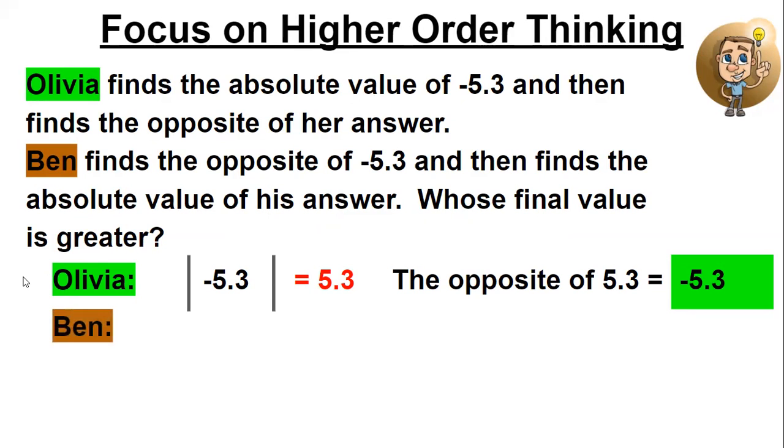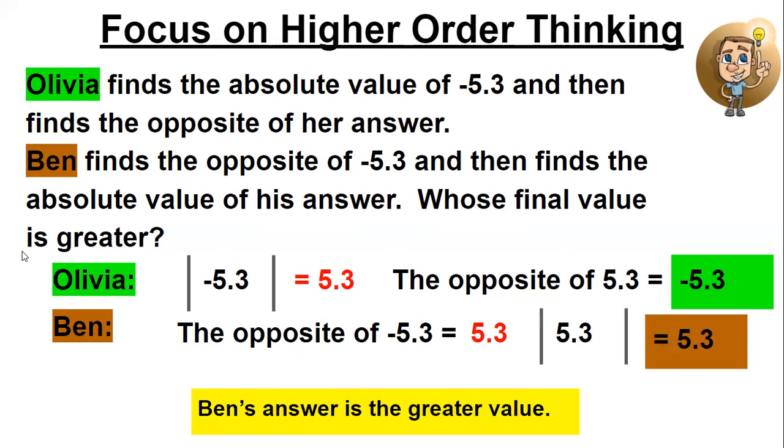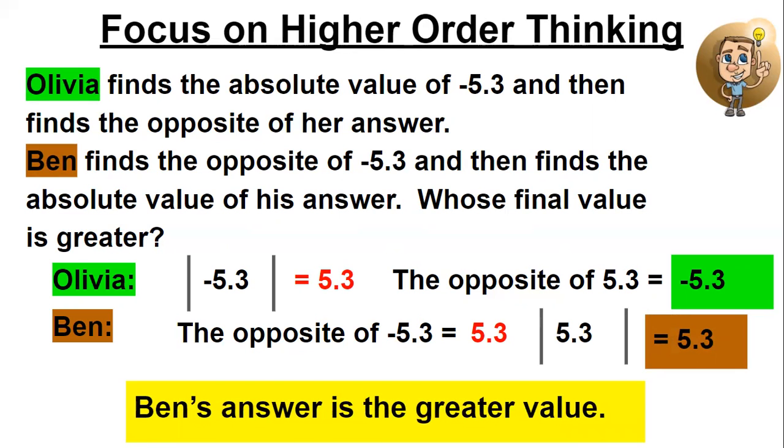So Ben found the opposite of negative 5.3. What's the opposite of negative 5.3? Positive 5.3, correct. And then he found the absolute value of positive 5.3, which is 5.3. So whose number is bigger, is greater? Ben. Ben's answer is the greater value. I encourage you to go back and look at that again and see if you can figure out what it's saying, because that's important.